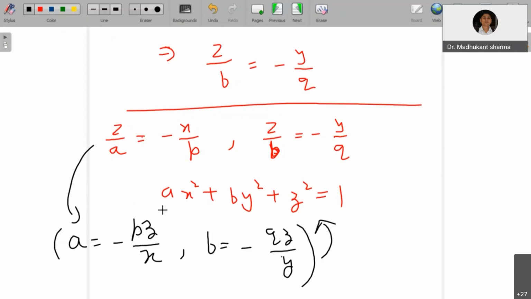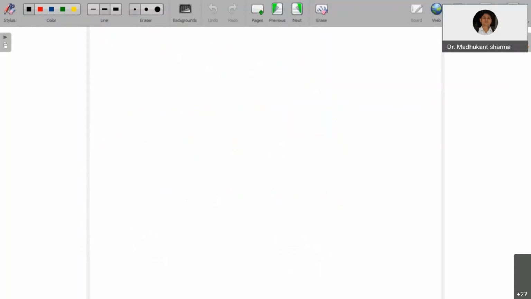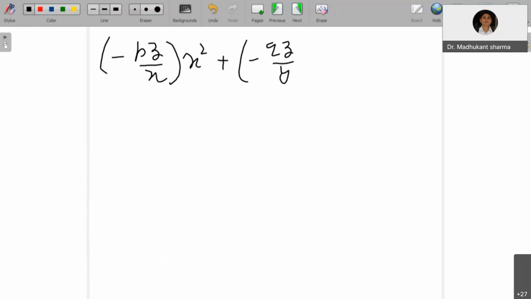Now the corresponding equation is minus pz by x times x square, minus qz by y square, plus z square equals 1.